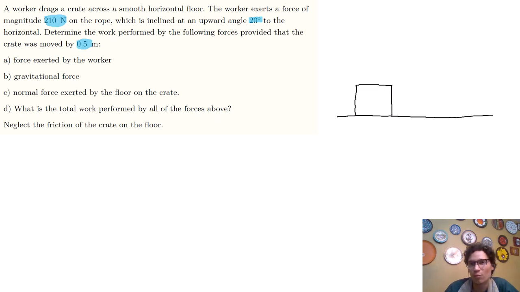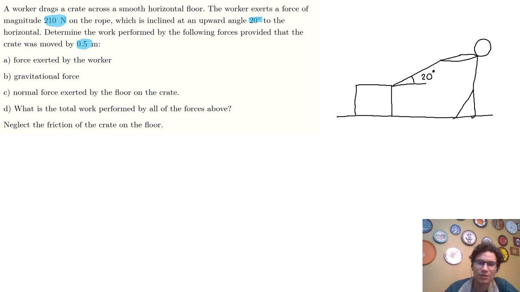There will be a rope attached to it, and there will be a person, the worker, moving that crate. So we also know there will be 20 degrees of angle between the floor and the rope.